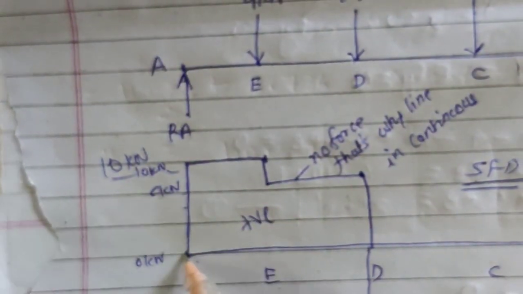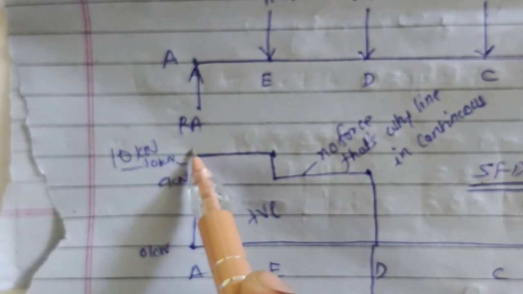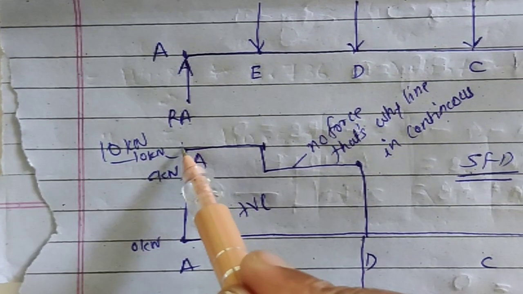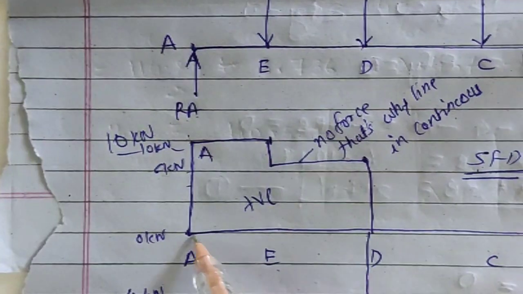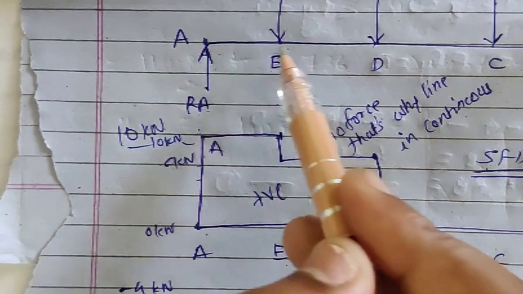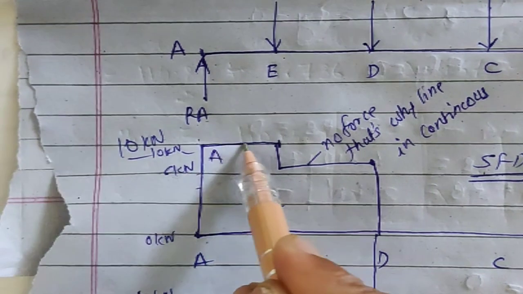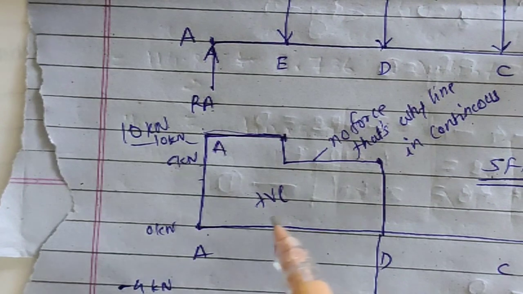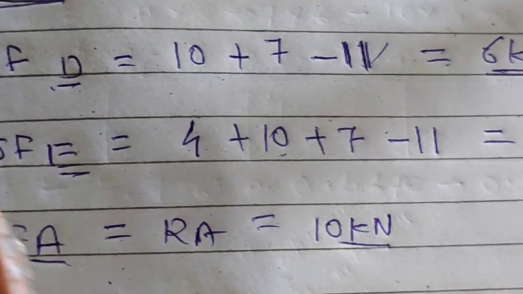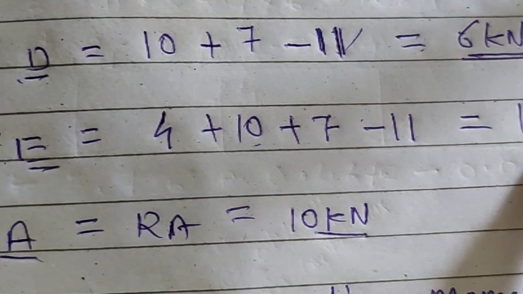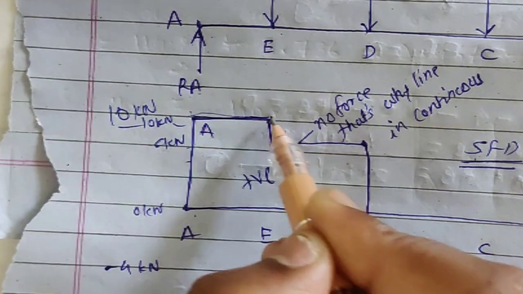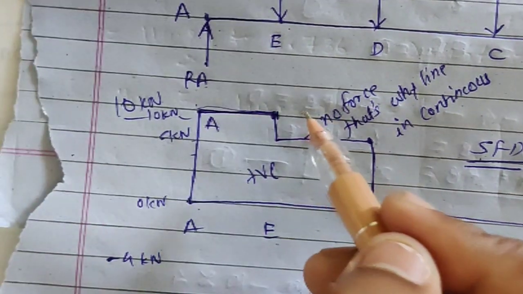From A to E there is no force, so the line is continuous, and shear force at E is also 10 kilonewton.